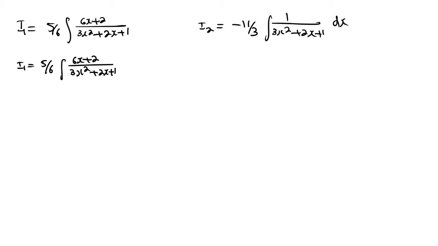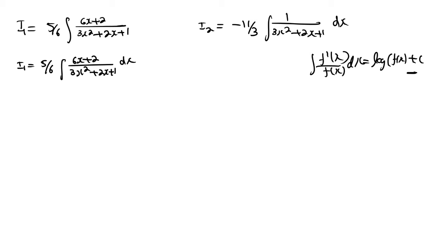See, it is in the form f dash of x by f of x, right? So we know the integration of f dash of x by f of x into dx is equal to log of f of x plus c.